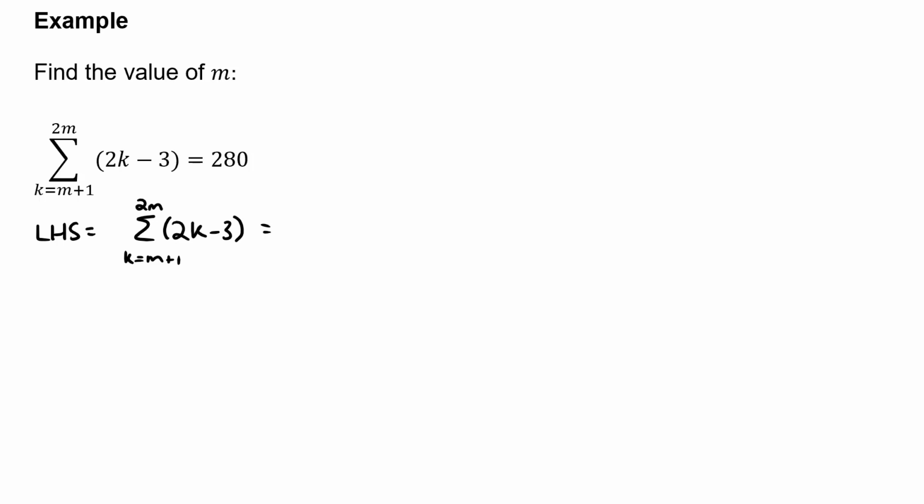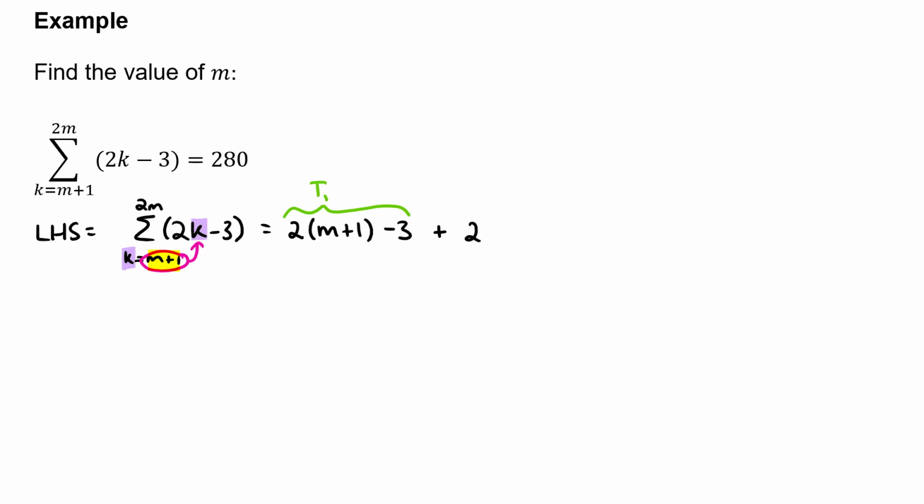And you'll remember that whenever working with sigma notation, step number 1 was to write out the first 3 terms. So in this case, we take the number at the bottom, we sub it in for the letter that we're dealing with, which in this case you can see is k. So it's going to be 2 times (m plus 1) minus 3. And this over here now is term 1. Then for term 2, we take whatever number we started with, which was m plus 1, and we go up by 1.